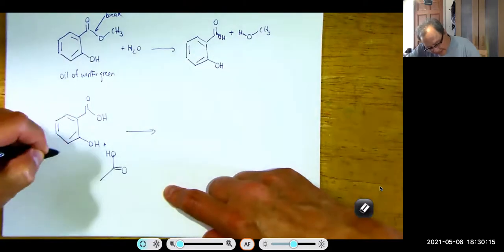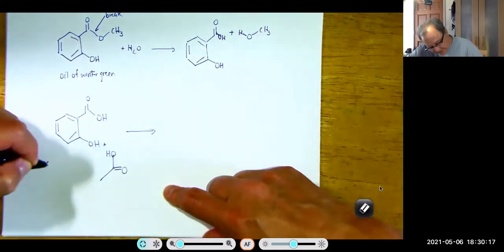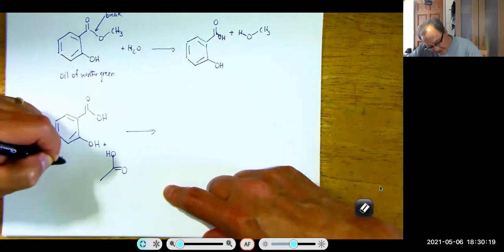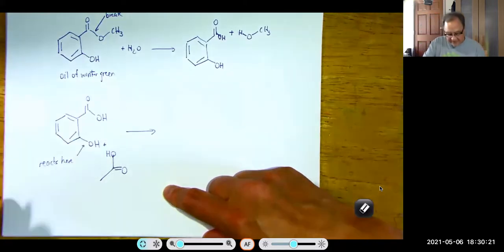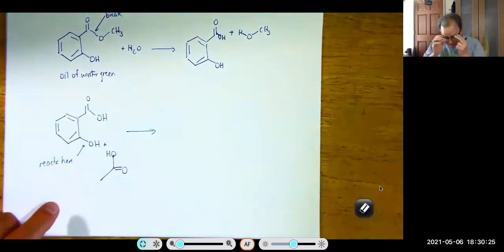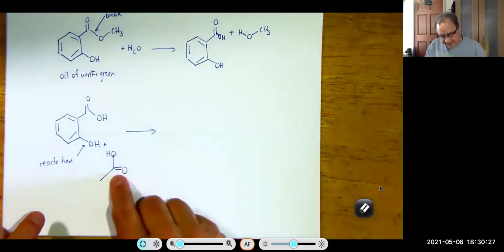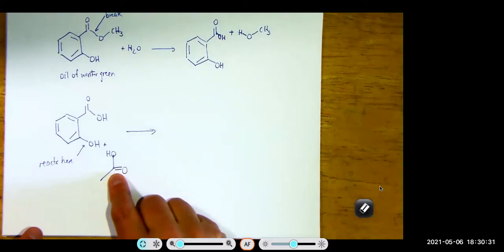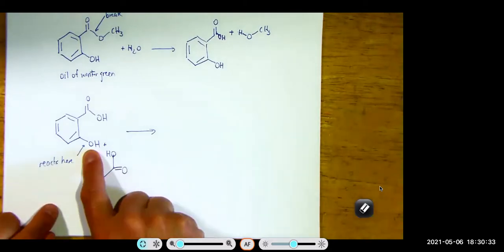And it reacts here. Not here, here. So take a look. What is this? A carboxylic acid, right? What is that? An alcohol.